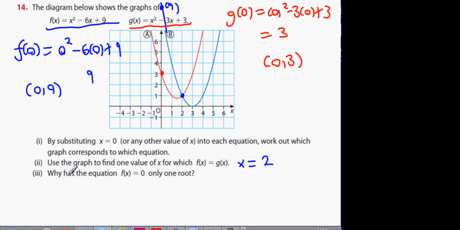Why does the equation f of x equals 0 only have one root? It has two roots when the graph cuts the x-axis twice. Do you understand? Why does this one only have one root? The curve touches the x-axis in one position only.